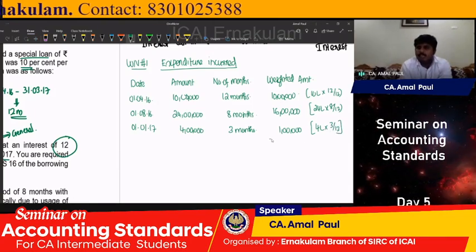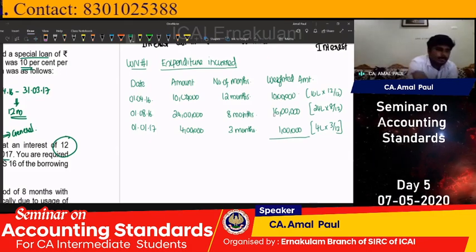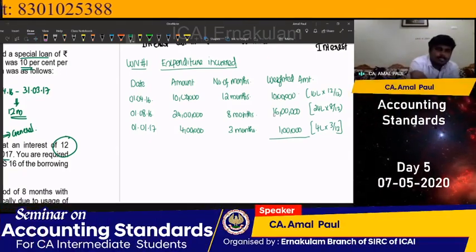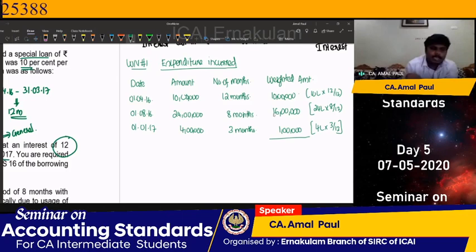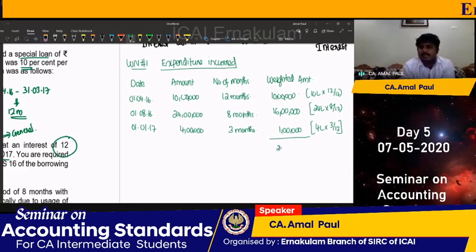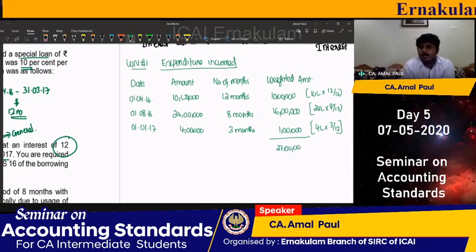So total weighted expenditure will be 10 lakh plus 16 lakh plus 1 lakh. That is 27 lakhs is your total weighted amount.